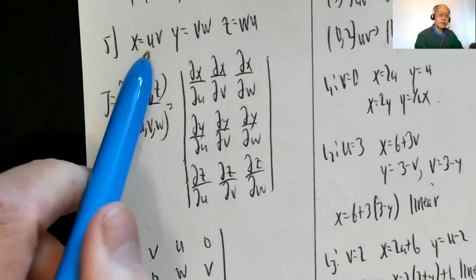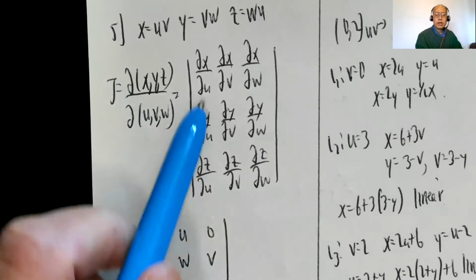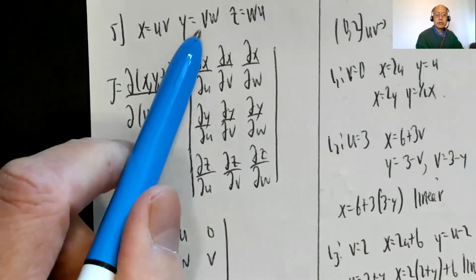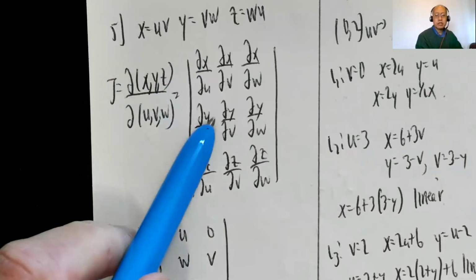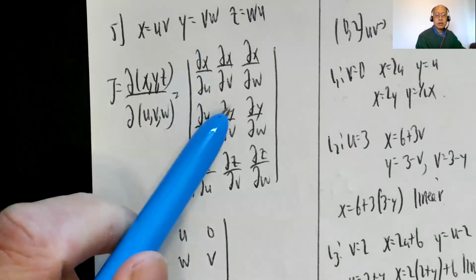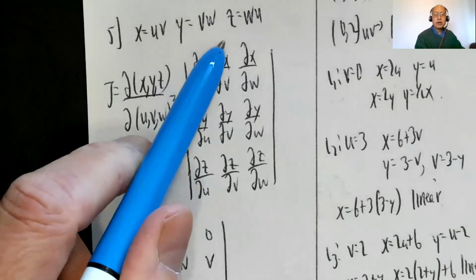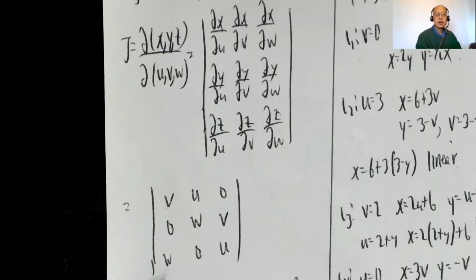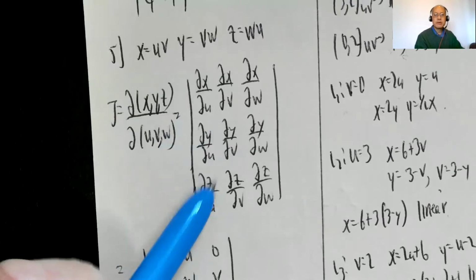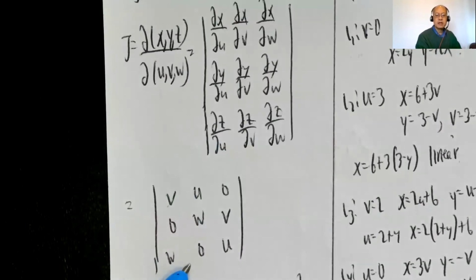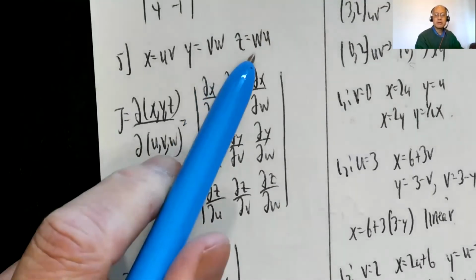Partial of x with respect to w, there is no w, so 0. Partial of y with respect to u, there is none, so 0. Partial of y with respect to v is w. Partial of y with respect to w is v. Partial of z with respect to u is w. Partial of z with respect to v, there isn't any, so 0. Partial of z with respect to w is u.